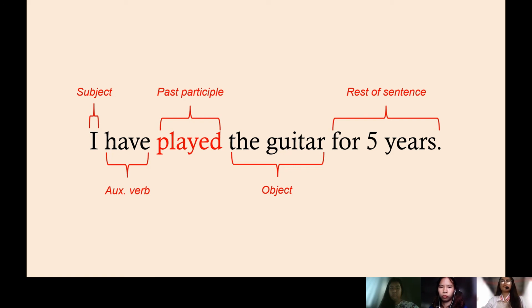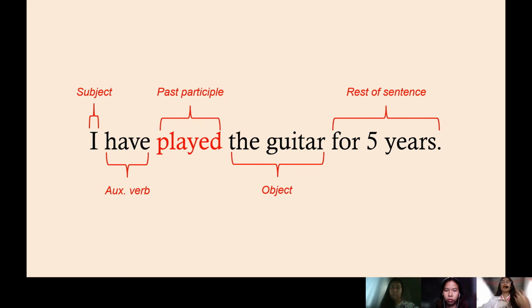Now we have the phrase have played. Have played now became our present perfect tense. So we call it present perfect tense, which refers to an action that occurred at an indefinite time in the past or before that that are still happening right now. So when we say I have played the guitar for 5 years, anong ibig sabihin nun?